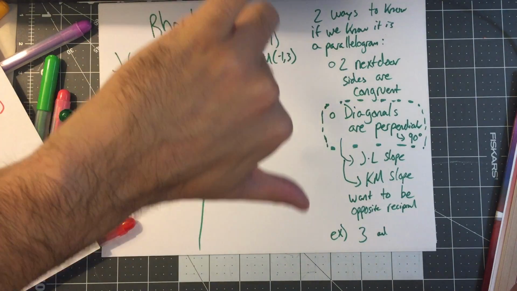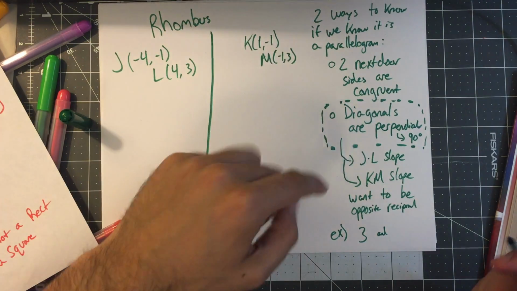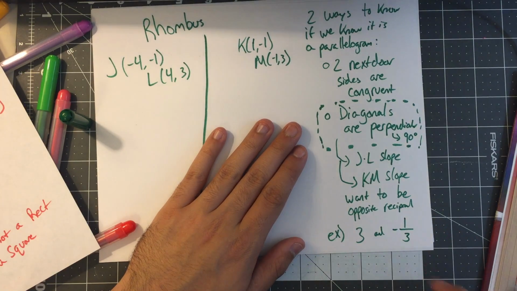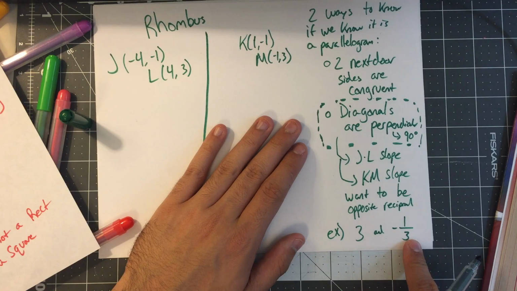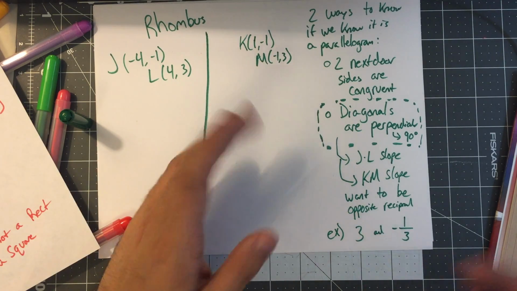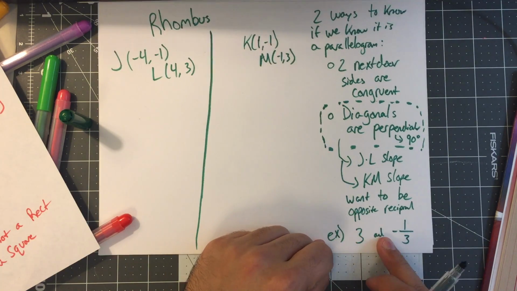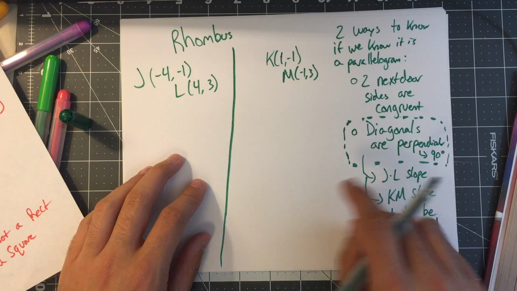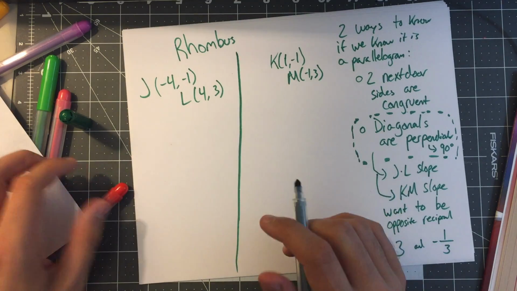So if it's 1/2, it goes to 2. 3 is going to go to 1/3. So the opposite reciprocal of 3 is 1/3, and same for 1/3 is 3. So I want them to be a pair like this, whatever these end up being. I want these two slopes, and then whatever these end up being.